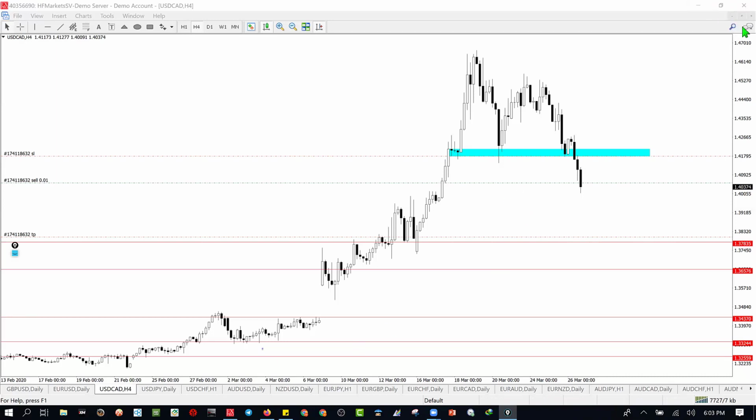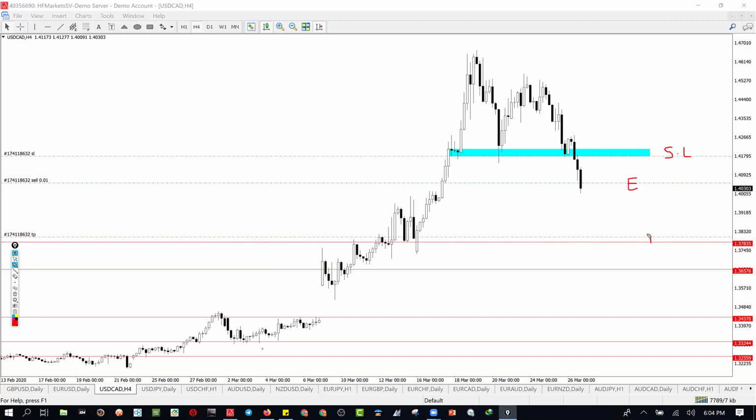Open a trade. There's a box right here at the top. There are two options to close your trade. I'm going to show you the entry point. This is the entry point right here. This is the stop loss.